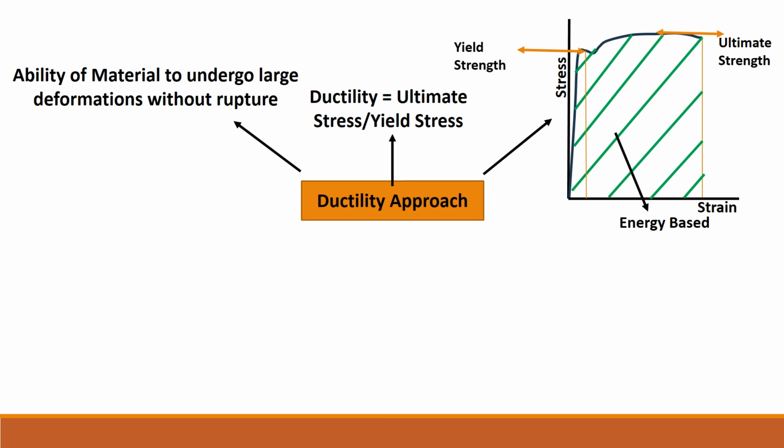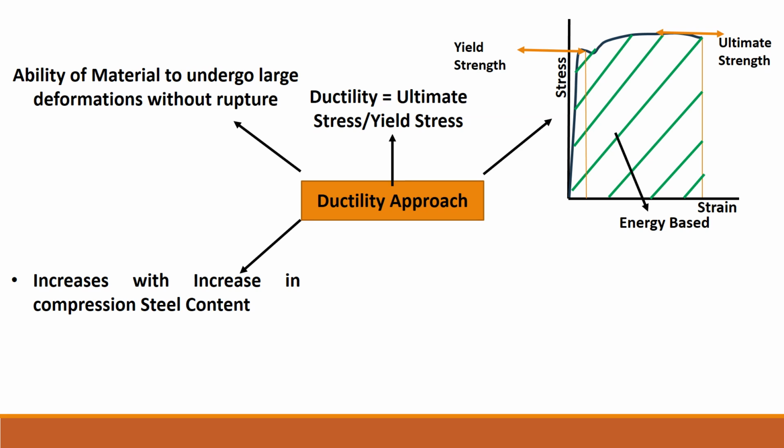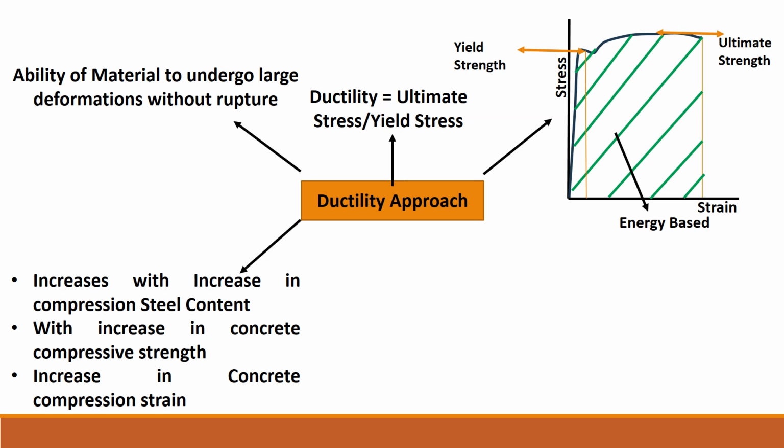But there are associated things with ductility. Number one, when we are increasing the compression steel content, there is an increase in the amount of ductility. Similarly, when we are increasing the compressive strength, we are also increasing the ductility. Further, there is an increase in ductility with increase in the compression strain.